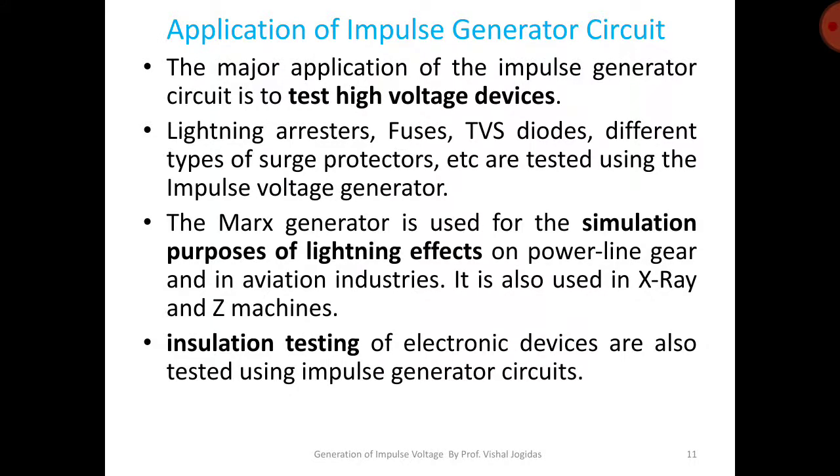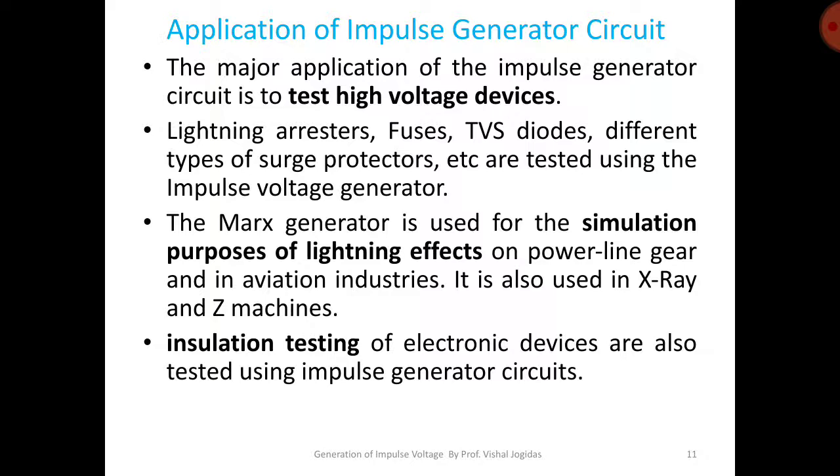Now, applications of the impulse generator circuit. The major application of the impulse generator circuit is to test high voltage devices. For example, lightning arrestors, fuses, TVS diodes, different types of surge protectors, power transformers, surge diodes, etc. are tested using the impulse voltage generator.